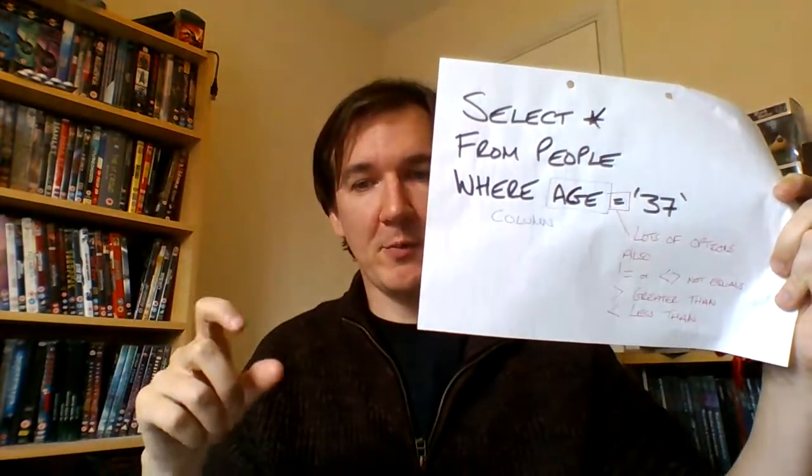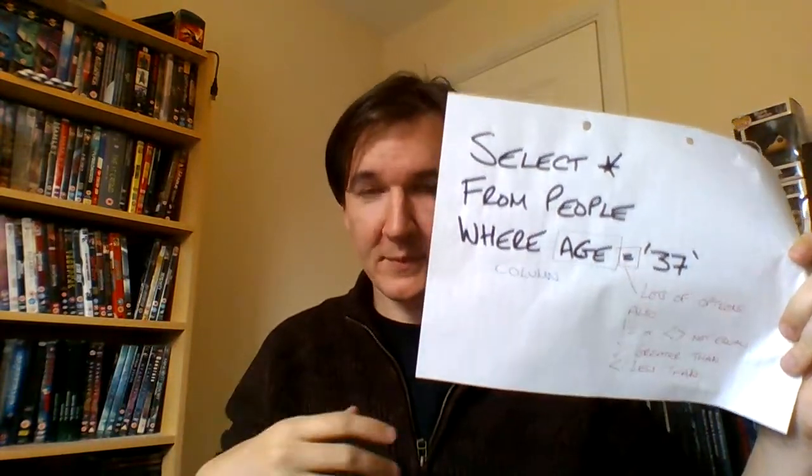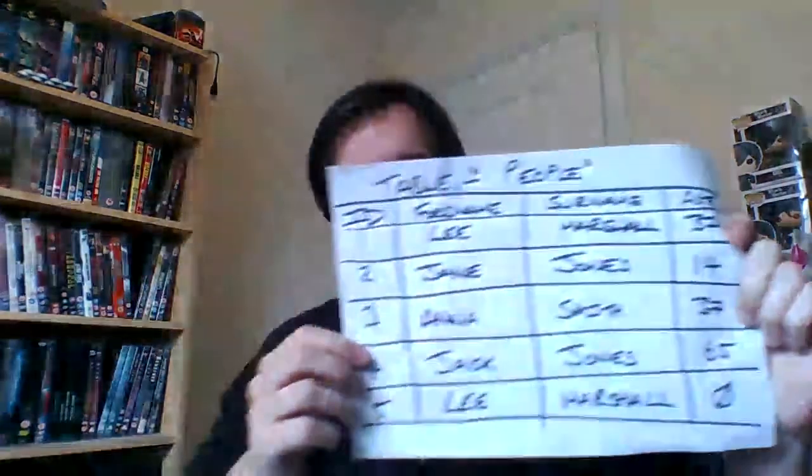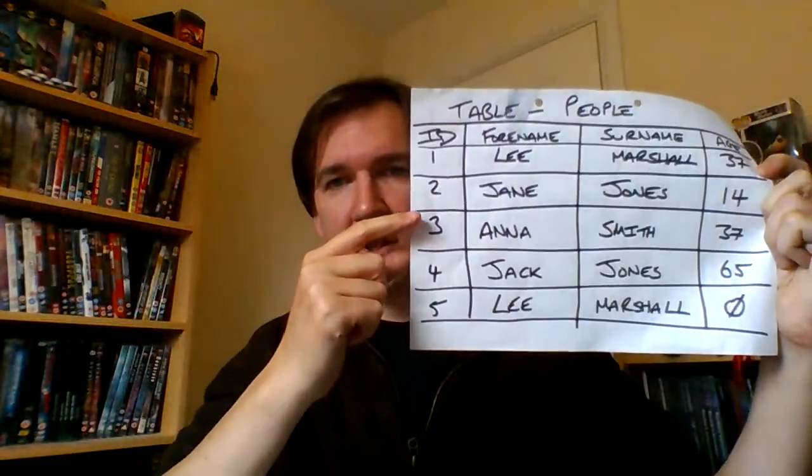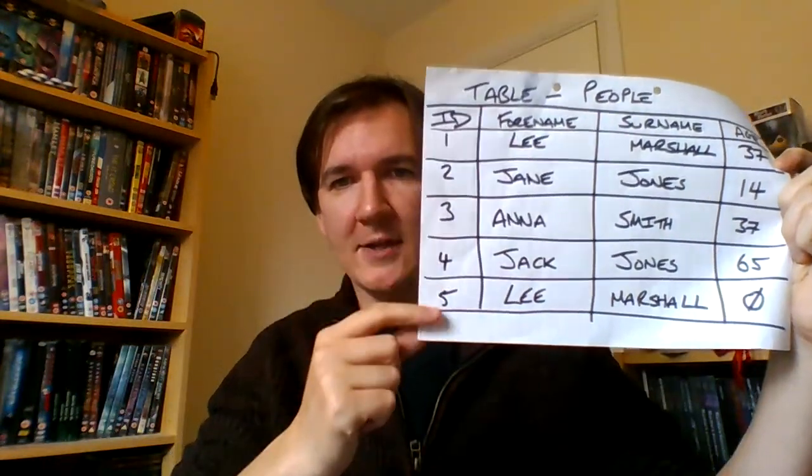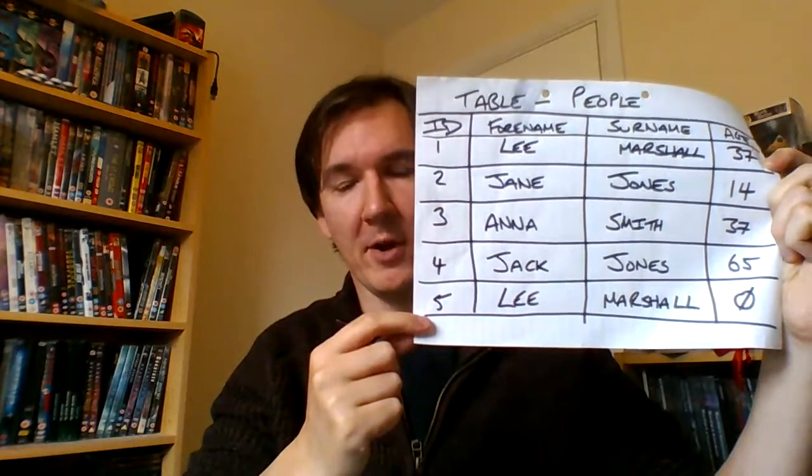So on the English keyboard, that would be the comma next to M. And that will show us everyone who is less than 37. So in this case, we would have got Jane Jones, and we've got the 0-year-old Lee Marshall. And there's a lot of different things you can do with that. Way more than I can fit into a video.